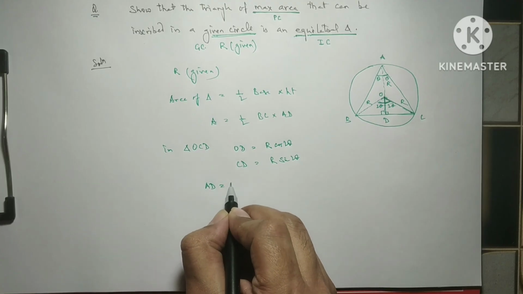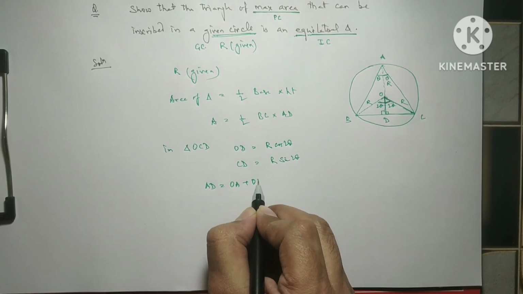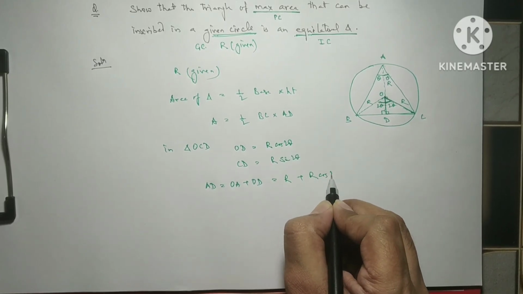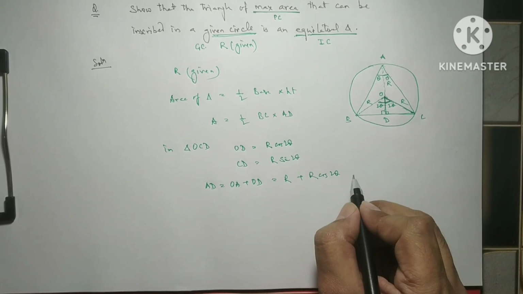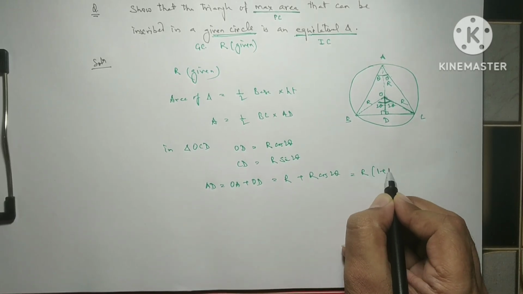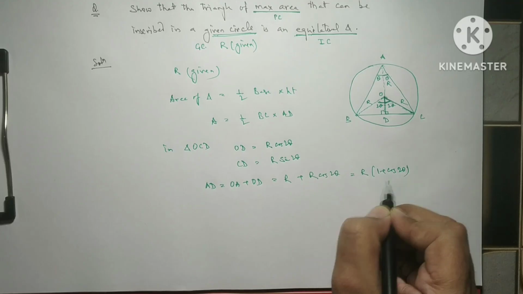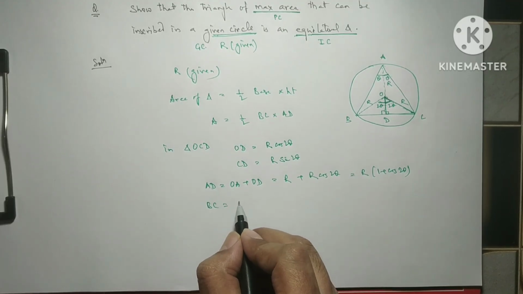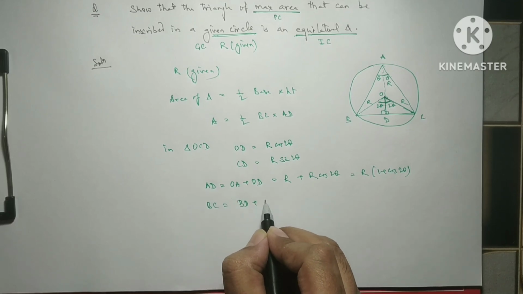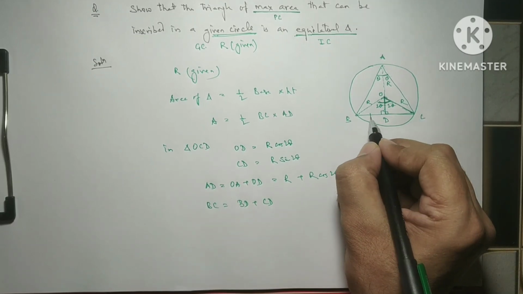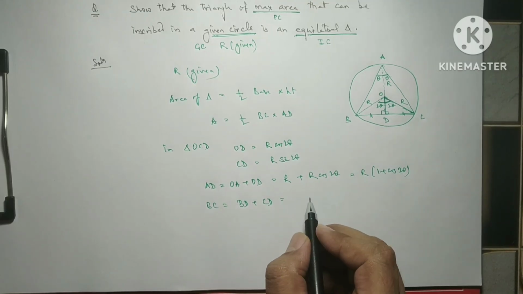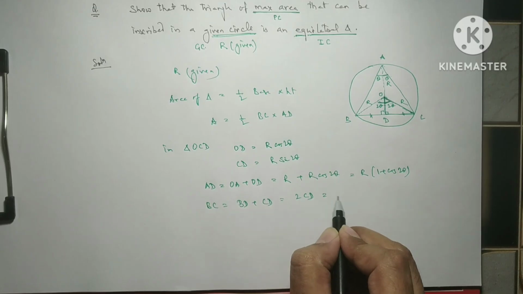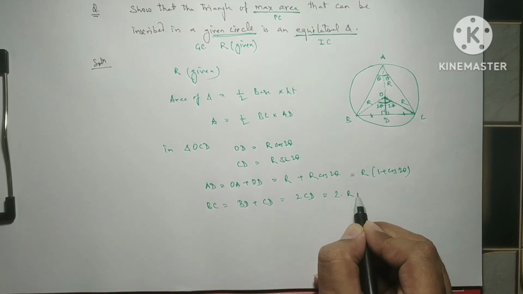AD is OA plus OD, that is R plus R cos 2θ, or you can say R(1 + cos 2θ). And BC is BD plus CD, and both are equal. Bisected at D, so it is twice CD, twice R sin 2θ.